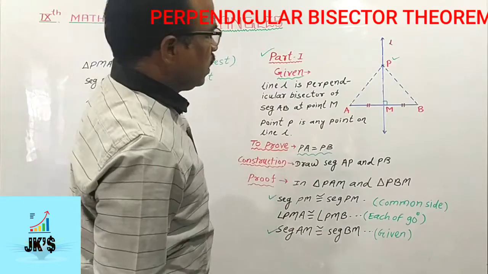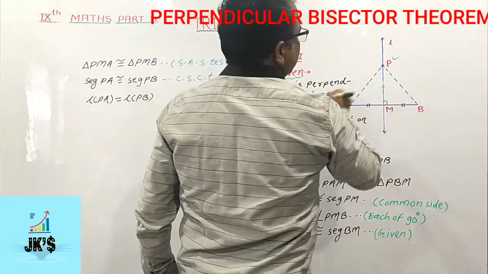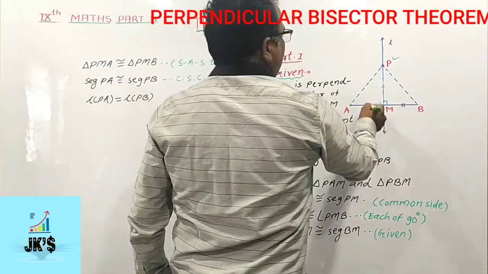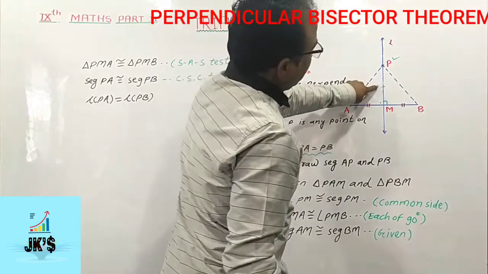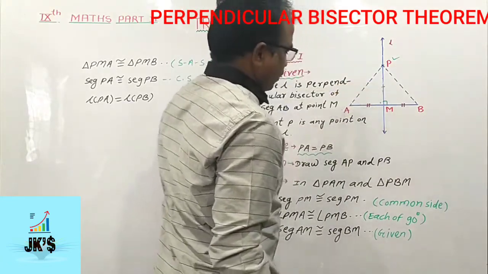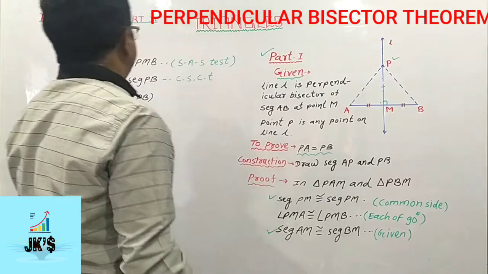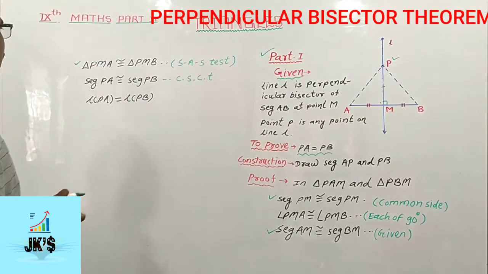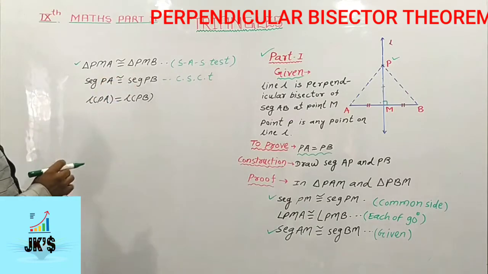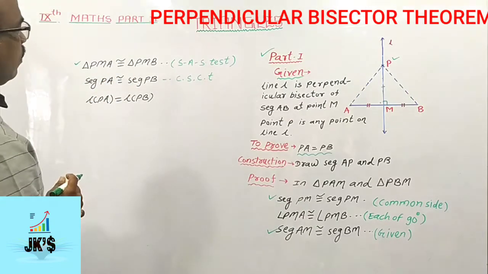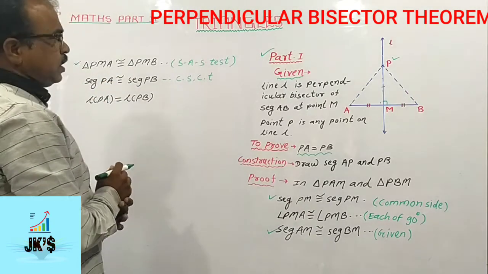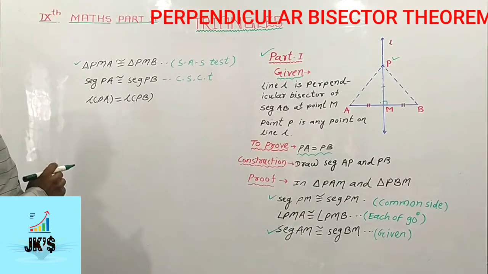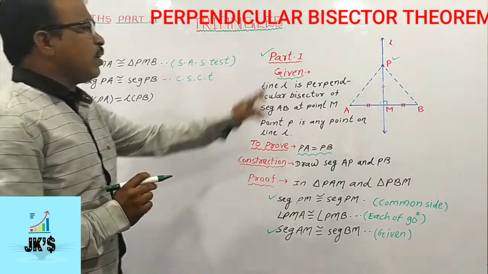When we see this side, this one angle and this side means side angle side. SAS test. By SAS test, triangle PMA congruent triangle PMB by SAS test, and segment PA is congruent to PB.